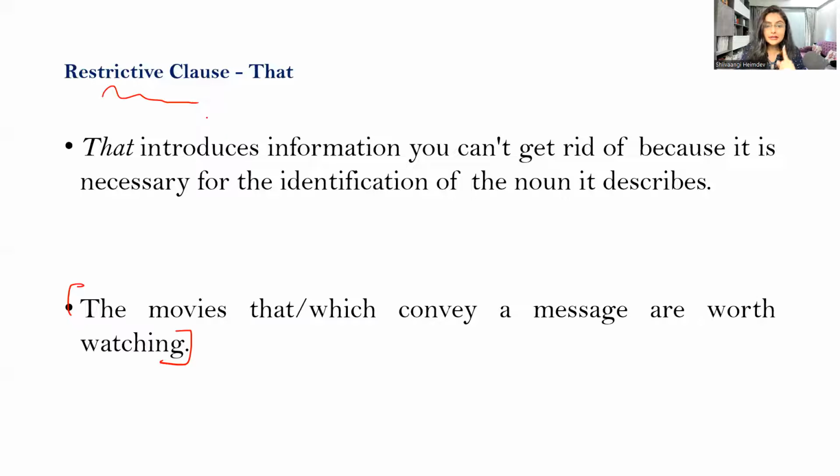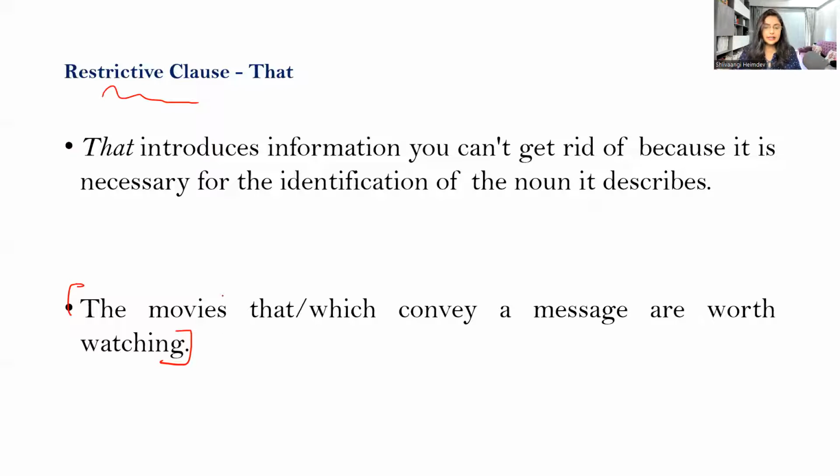Now, what do you mean by restrictive clause? A restrictive clause will introduce information that you can't get rid of from the sentence, which means it is necessary for the sentence to stand.